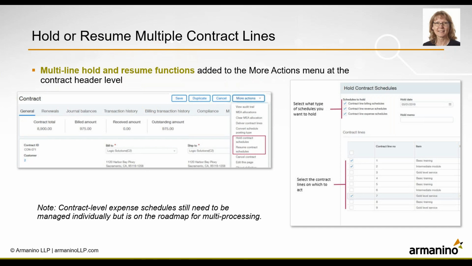Now, as you can see on the right, when you open up that screen, it brings up all of the different line items, and you've got the ability to select multiple lines and have that function happen for all of those lines, not have to do it one at a time. So very nice, efficient. No more of those one by one line item releases, resuming and holding. We say release. So very nice new features in contracts. Couple nice ones there.